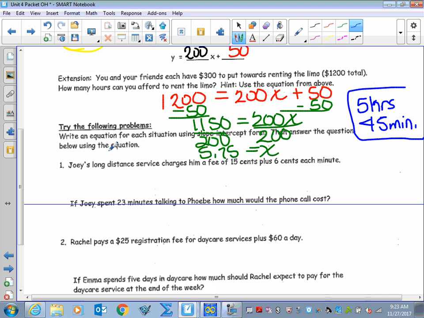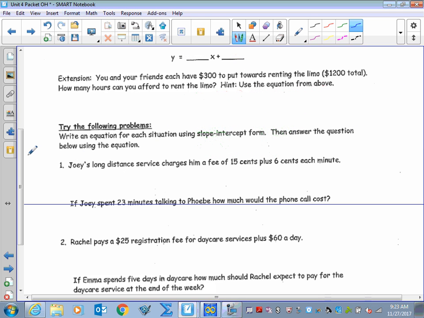All right, so let's take a look at question number 1. That was the example first. Write an equation for each situation. Use slope-intercept form. So we know that's y equals mx plus b. Then it says, answer the questions below using the equation.